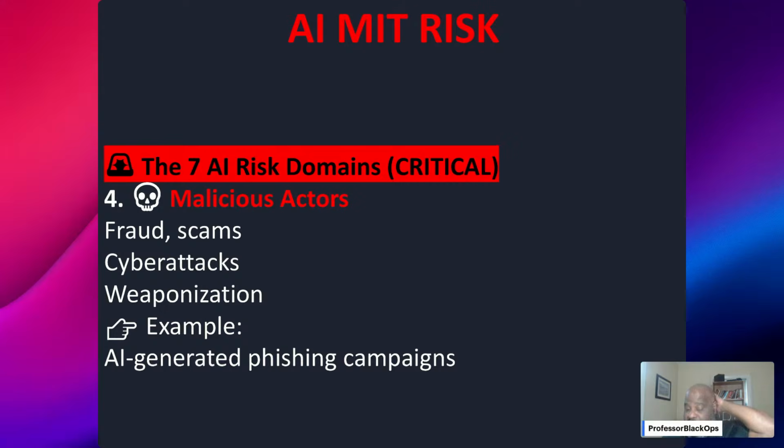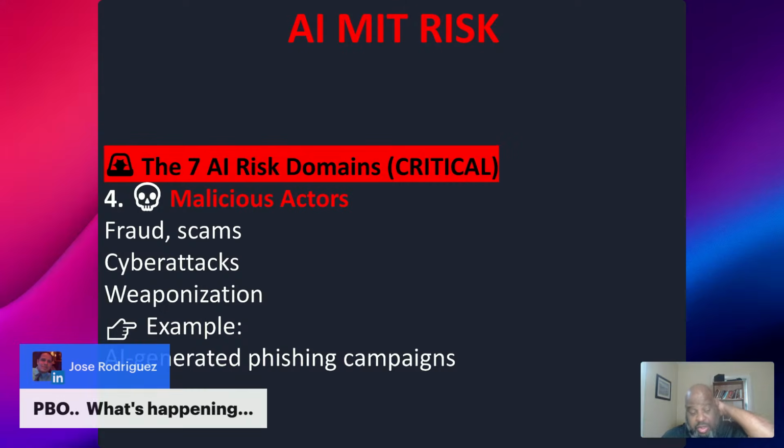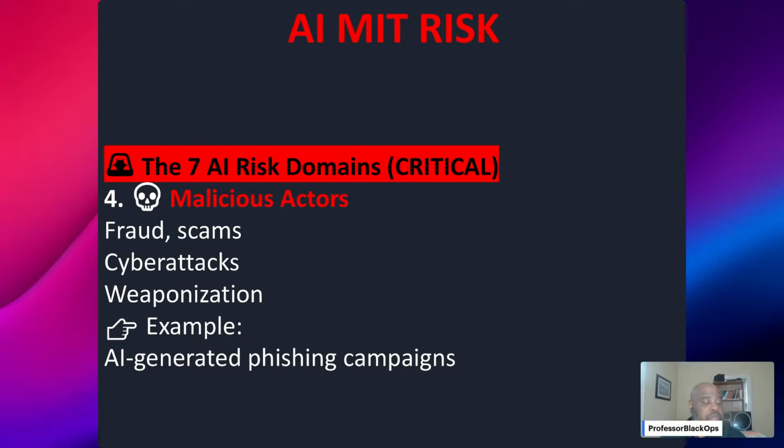And shout out to Jose, thanks for joining me from my LinkedIn side. With phishing campaigns, you used to read and say that looks fake, something's misspelled, or the tense is not right or the tone of the email is not right. Now with AI, real-life phishing is getting super good.